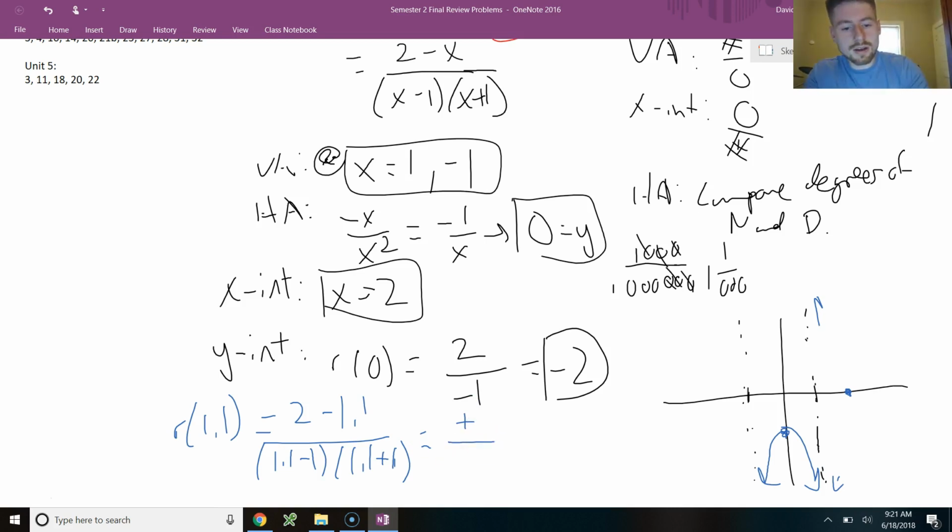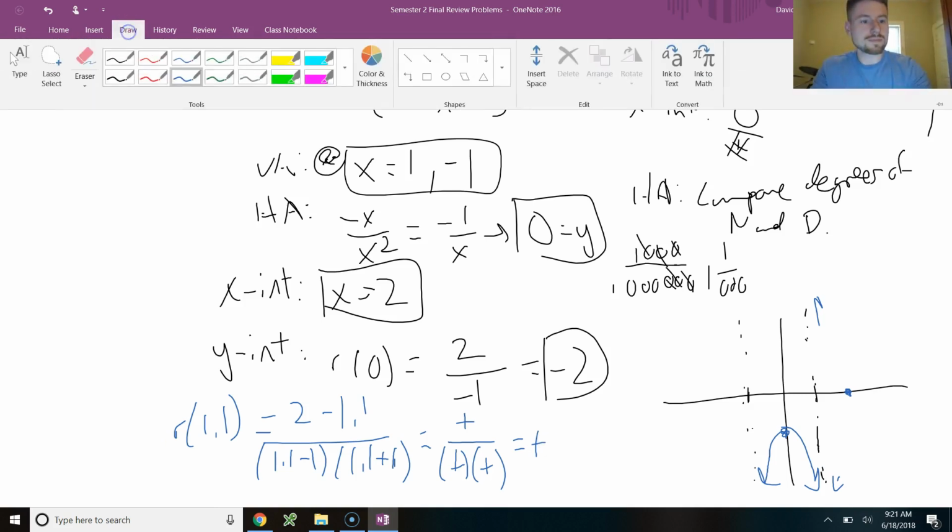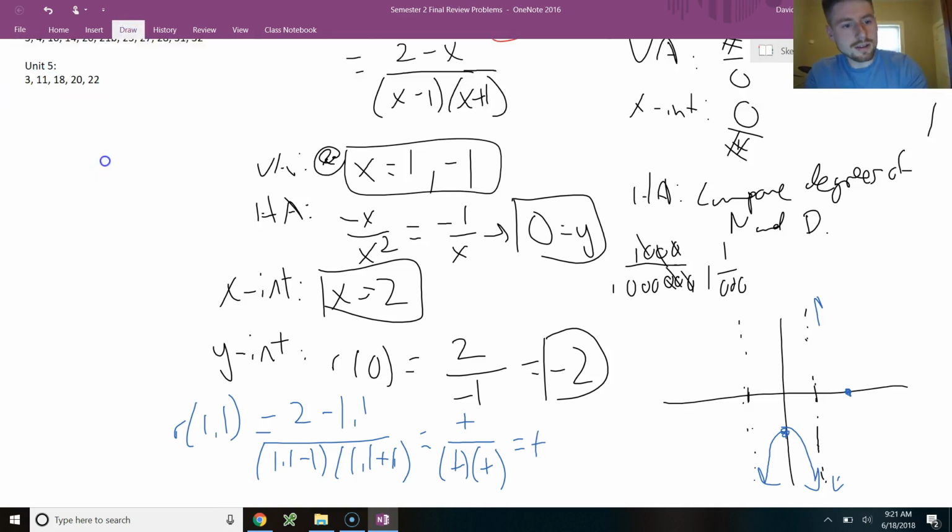The denominator is a positive times another positive, because 1.1 minus 1 is positive and 1.1 plus 1 is positive. So the overall result is positive. That means it's not down here, but in fact is up above the x-axis. So just at 1.1 we are positive.